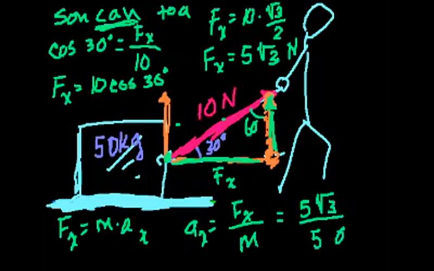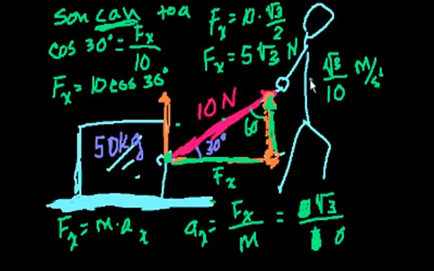We know that the units are right, because we're dealing with newtons, and not kilonewtons or something, and kilograms, not grams or decagrams or something. And so this turns into 1 over 10, right? So it's square root of 3 over 10 meters per second squared, the acceleration in the rightward direction, or in the x direction, we could say.